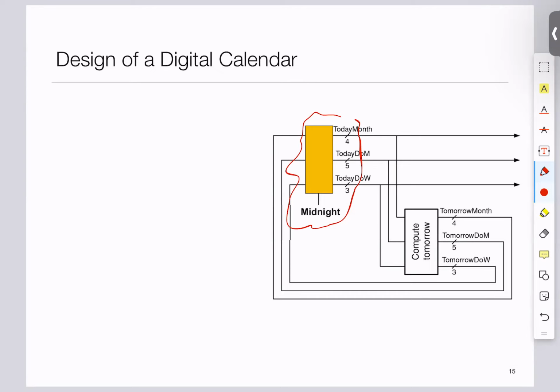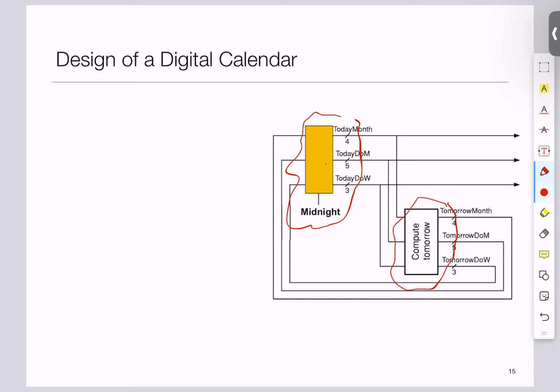And at that point in time, we want to update the display, and not at other times. At all other times, if this blob were combinational logic, like the one shown here, then it always takes today's date and updates tomorrow's date.